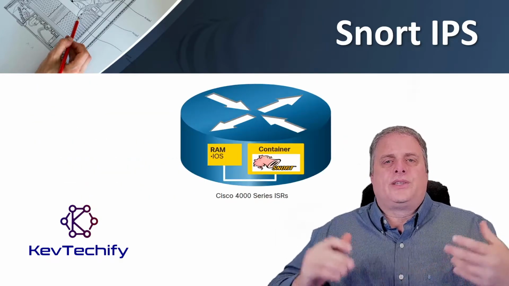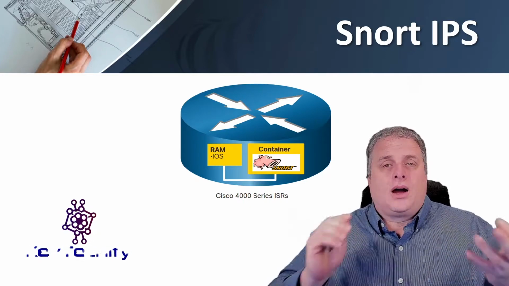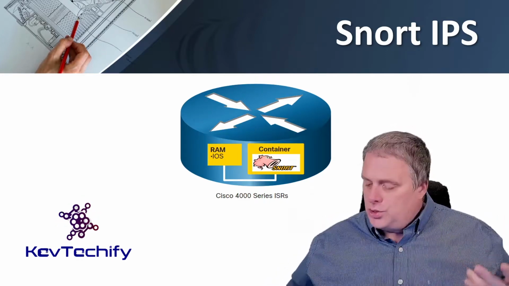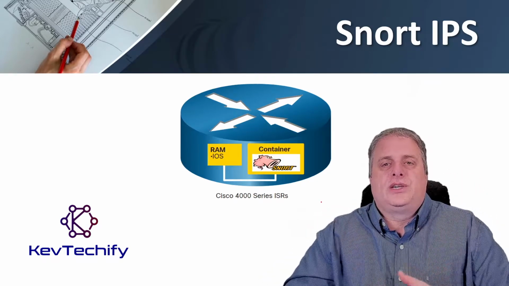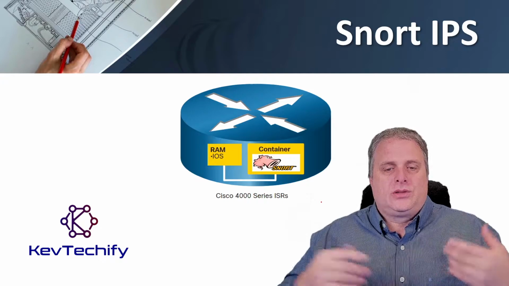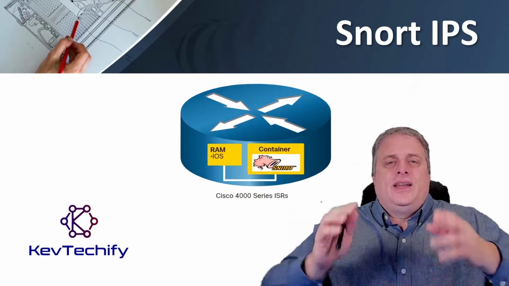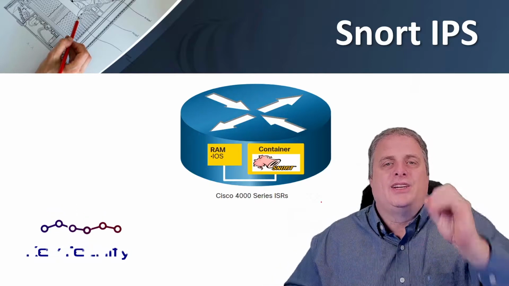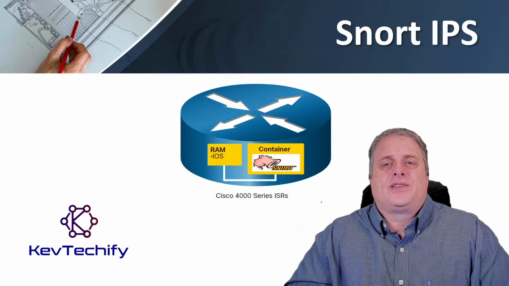Many of the devices that support Cisco IOS intrusion prevention systems are no longer available or no longer supported. The newer Cisco 4000 series integrated services routers, typically referred to as ISRs, provide an intrusion prevention systems service using the Snort IPS feature.